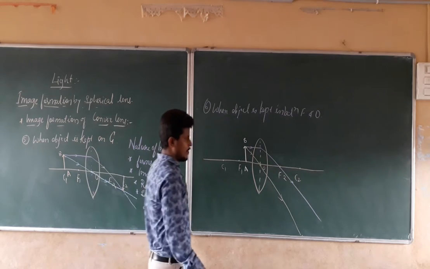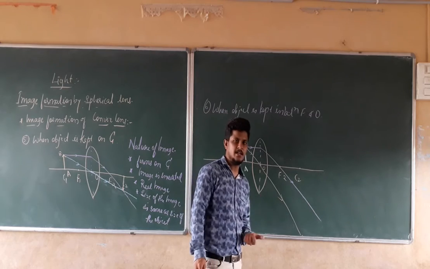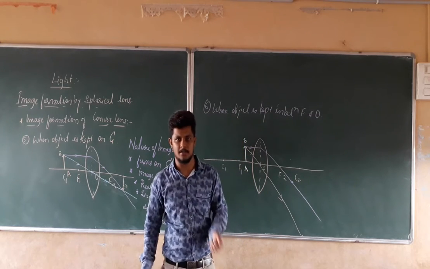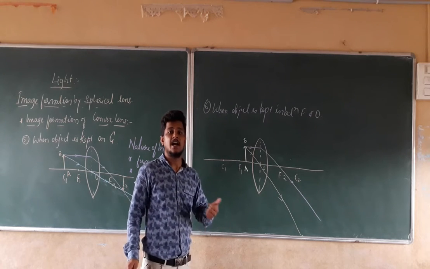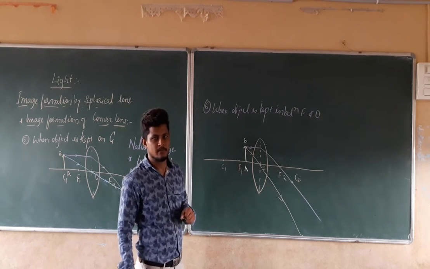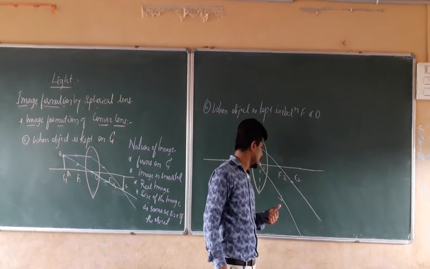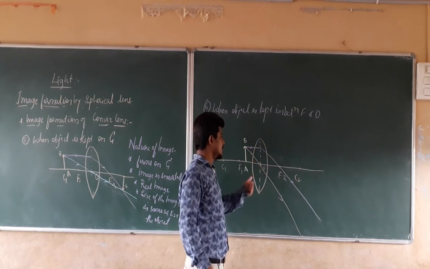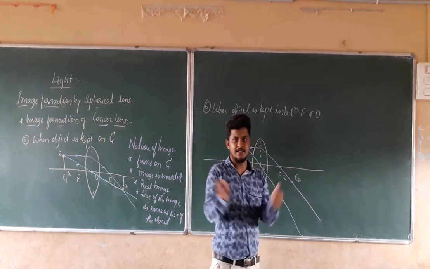Right? If you remember the previous class, for the formation of the image, the two light rays which are passing on refraction should converge or intersect at a point, so that the image should be formed there. When you see both the light rays, they are diverging.